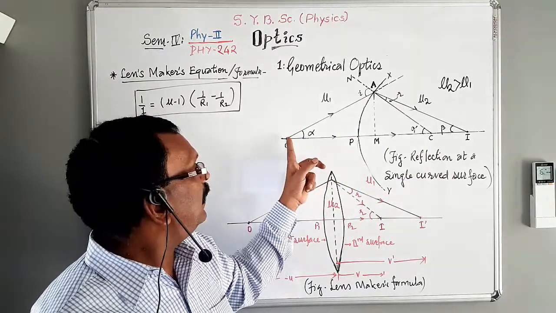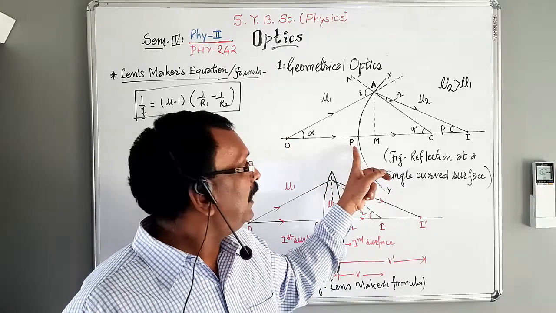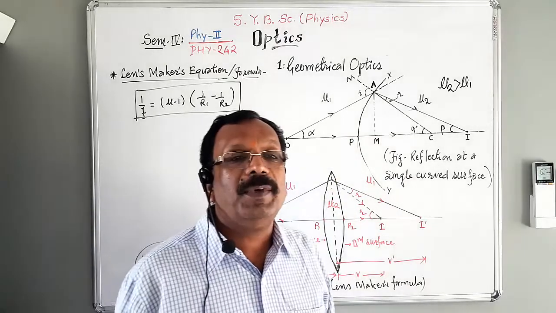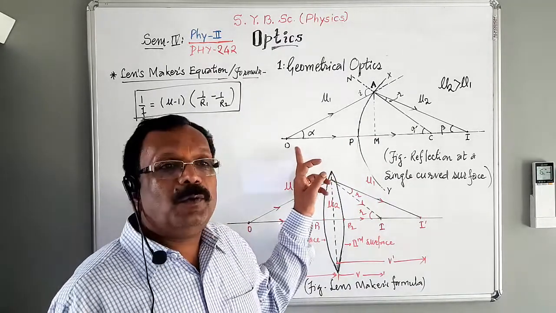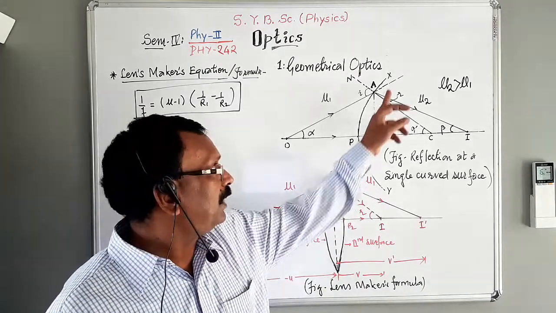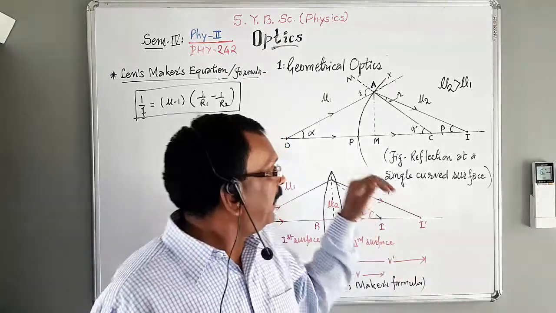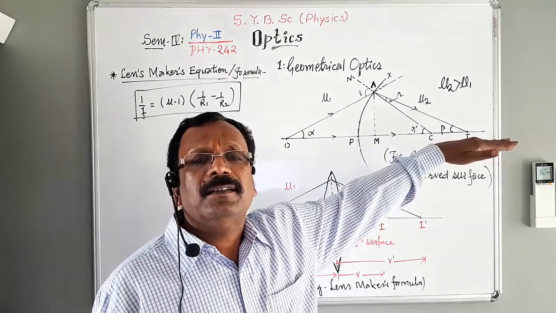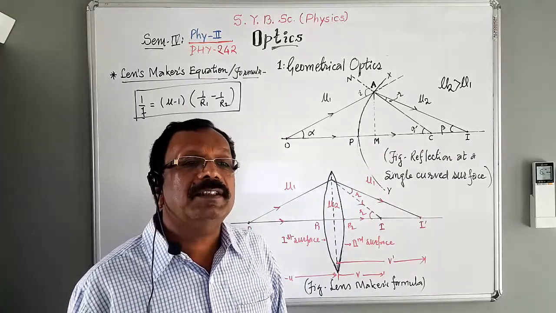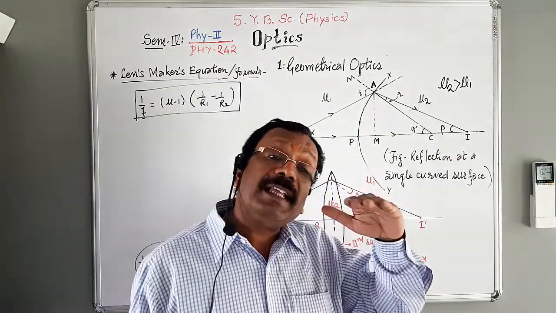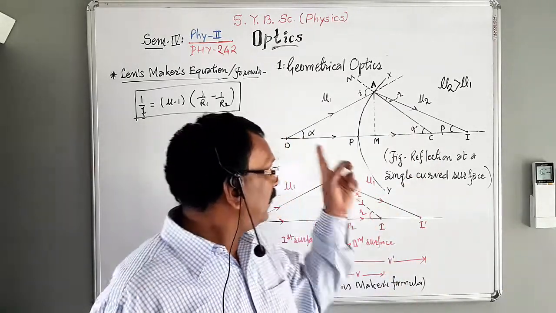In this figure, the ray OP is incident on the curved surface XPY normally and is refracted into the other medium, that is the denser medium, without any deviation. Okay, you got it?